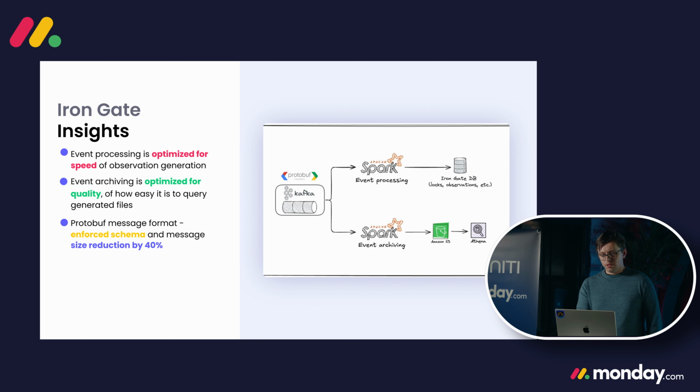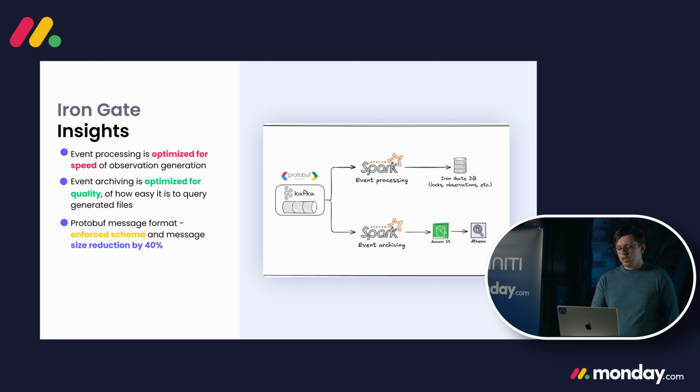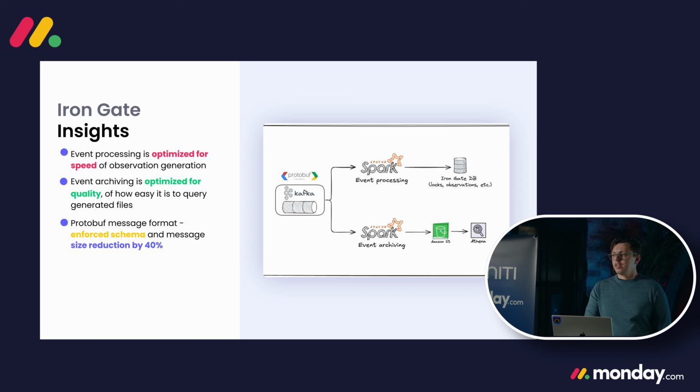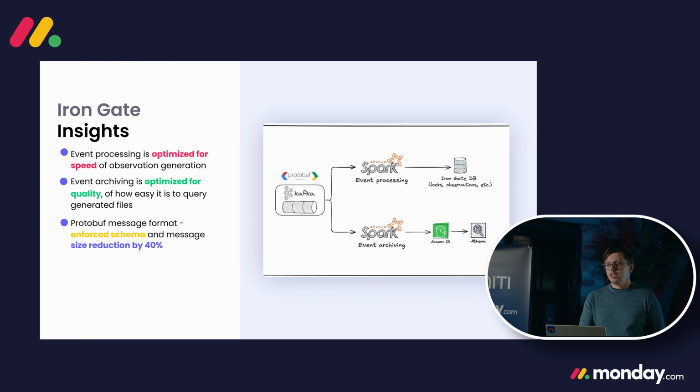Also, those changes, like adding the new processing flow, being able to output it to S3 and query through Athena, meant that we had to make some changes in our approach to event sending. Initially we were using JSONs without any enforced schema, which wasn't a huge issue before, when we didn't allow users to query any data.